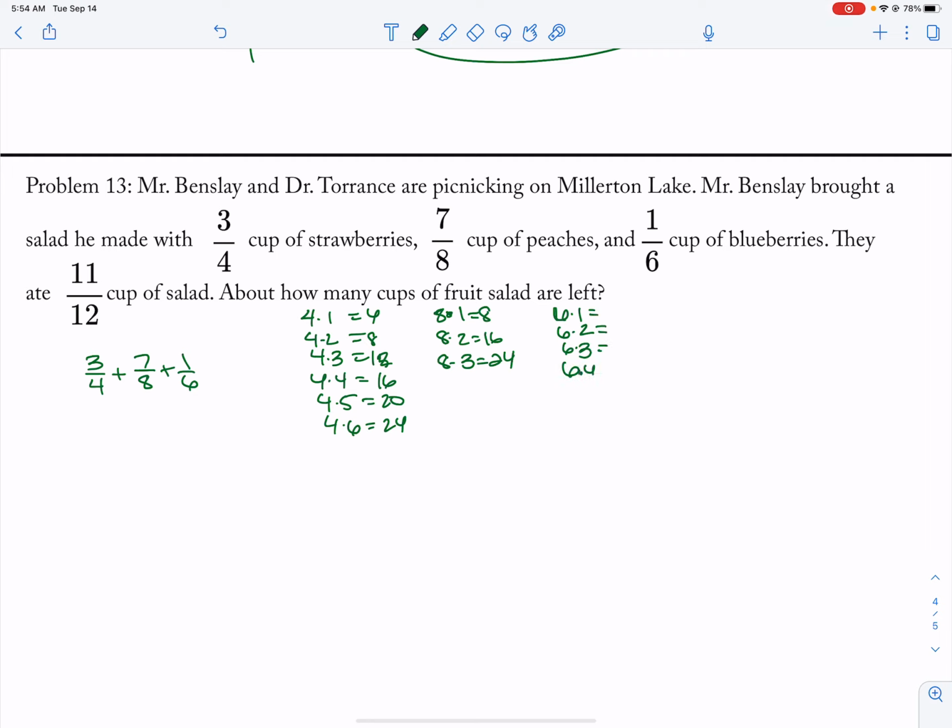I'm stopping at certain points because I know what the common denominator is, but you'd have to write some of them out if you didn't know. 6, 12, like we did in class, 24. So my common denominator is 24.